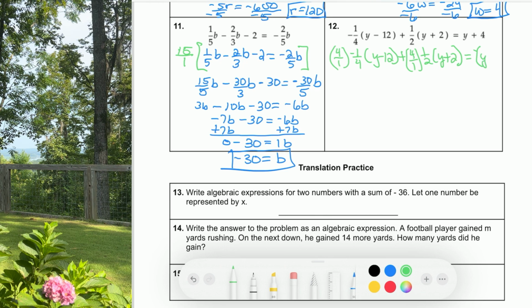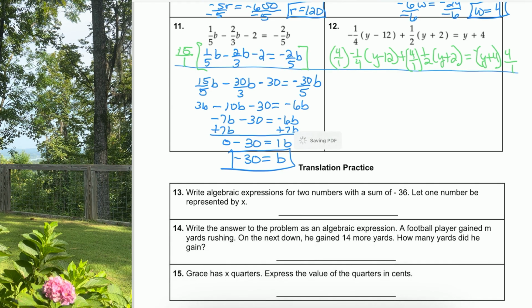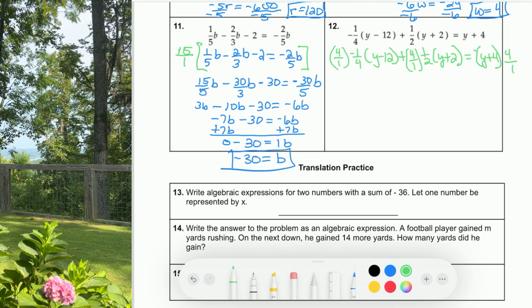I need to put the y plus 4 in parentheses times 4 over 1. All right, so you'll notice I wrote this one a little bit different. I didn't put the whole thing in brackets. The reason is because in this problem, we only have to multiply it by the numbers outside of each of those parentheses. We don't have to multiply it by what's in the parentheses.